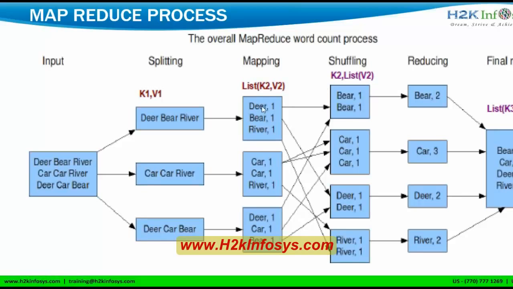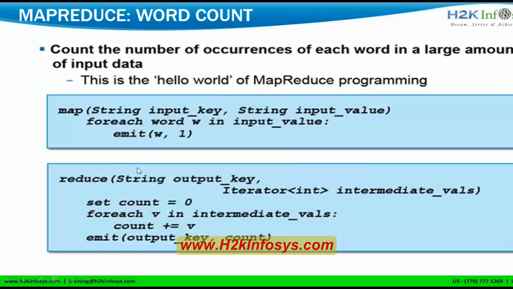If you observe here, the k2 is equal but the list is larger, meaning more than 1. The output is key comma iterator, so I am iterating over each value for that particular key. I set up a variable called count, which is equal to 0, and for each v in intermediate values, count is equal to count plus v.